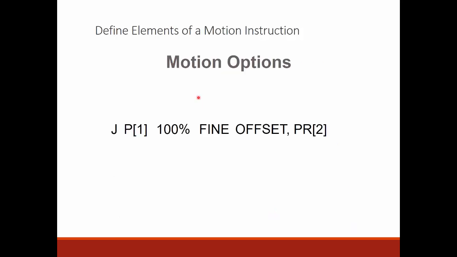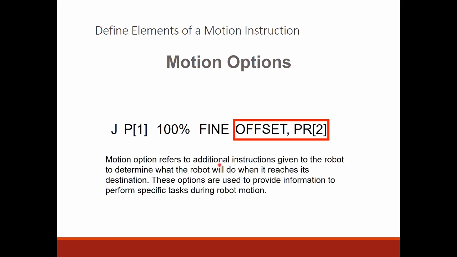Now we're going to look at some different termination types of our motion instructions as other elements of a motion instruction. So here we have a motion instruction with an additional set of instructions on the end. This offset of a position register allows the robot to offset this particular position at its destination by whatever values are inside this position register.